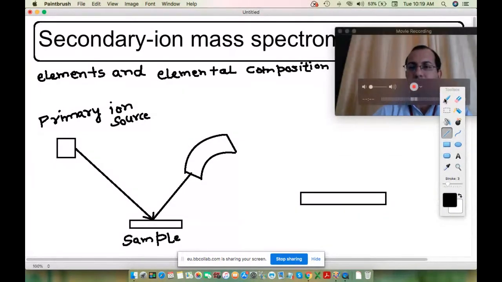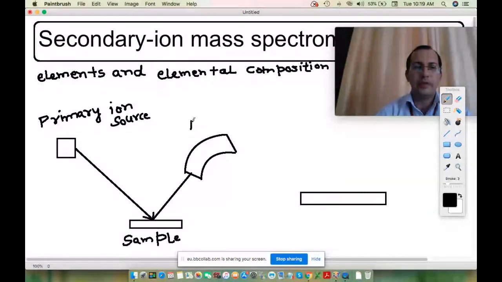This portion would be the mass analyzer.